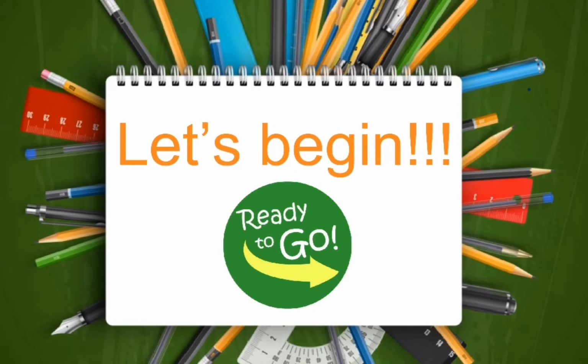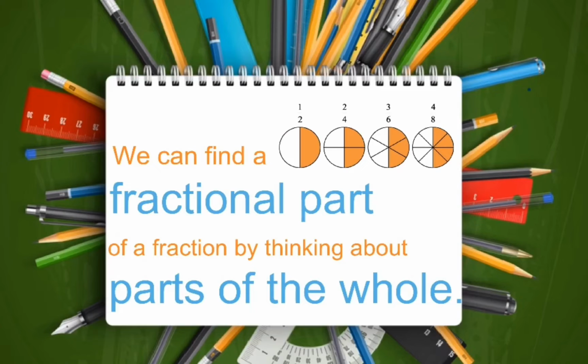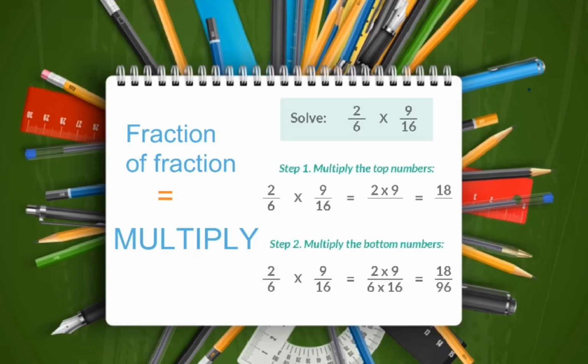Let's begin. We can find a fractional part of a fraction by thinking about parts of a whole. And how can we do that? Well, fraction of fraction equals multiplication. Let's solve.